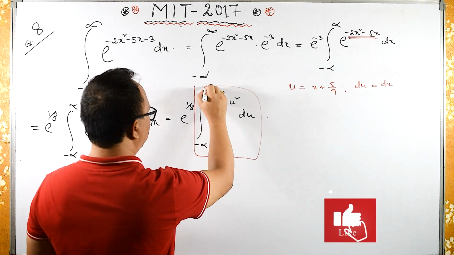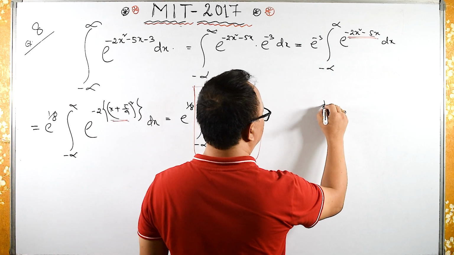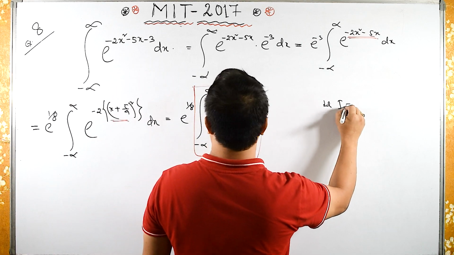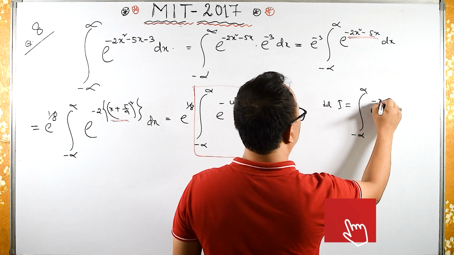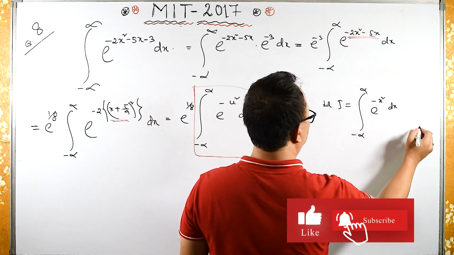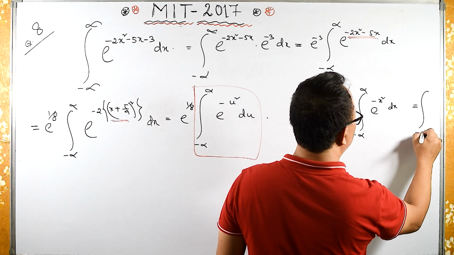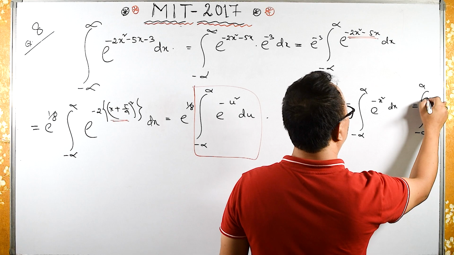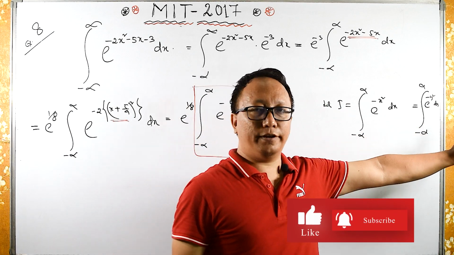Let's consider this. Let I equal the integral from minus infinity to infinity of e raised to minus x square dx. It is the same as the integral from minus infinity to infinity of e raised to minus y square dy, because x and y are just variables.